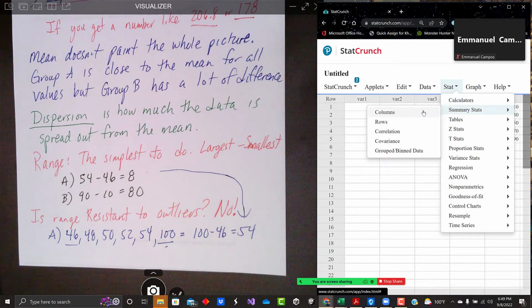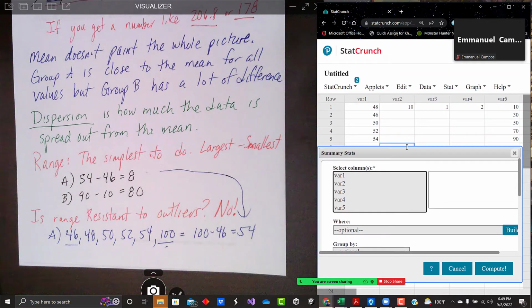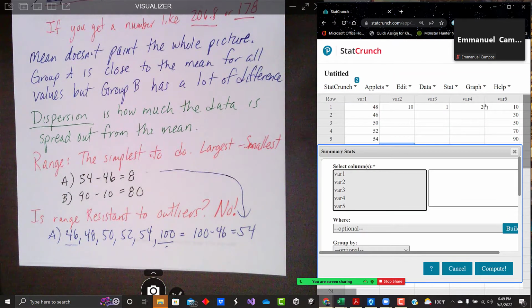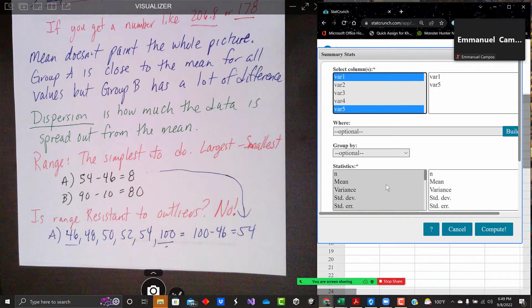So stats, summary stats, columns. The columns we're looking at are variable 1 and variable 5. I can click on variable 1, hold down the control key on a PC or laptop. On Apple, it's command. Someone answered this last week. And then when you're holding it down, click on the other thing that you want. Once you've done that, we have a list of statistics that we can choose from.